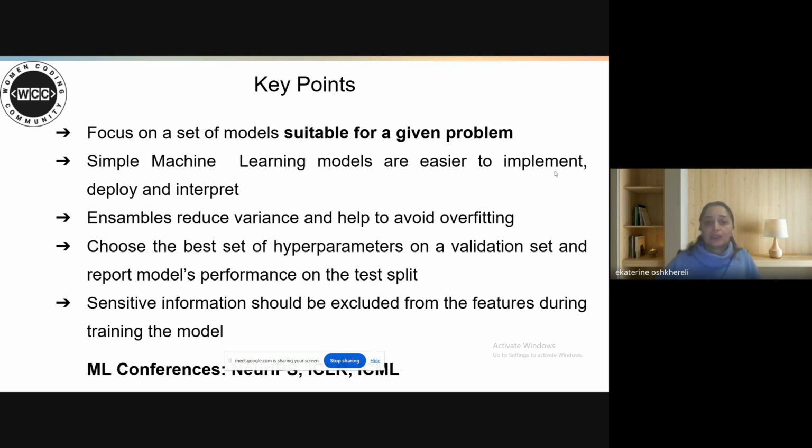Choosing the best set of hyperparameters on a validation set is important, and we should report the models' performance on the test split. We have to choose the parameters based on the validation set, and we must not use the test set when choosing the hyperparameters. That is crucial. And sensitive information, such as gender or race, should be excluded from the features during model training.